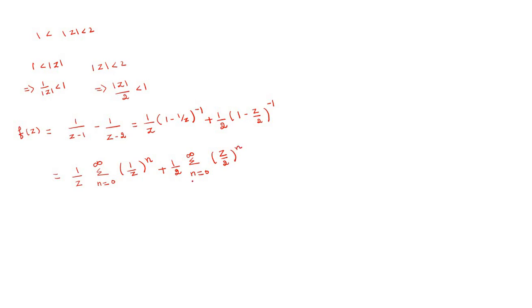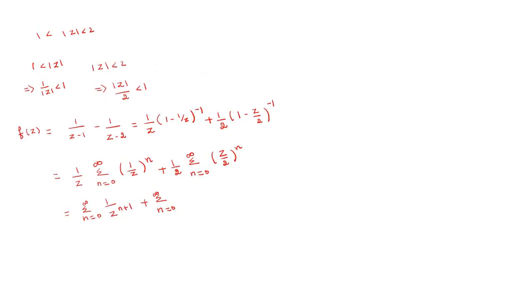So in general you may write summation n equal to 0 to infinity 1 divided by z to the power n plus 1, plus summation n equal to 0 to infinity z power n divided by 2 power n plus 1.